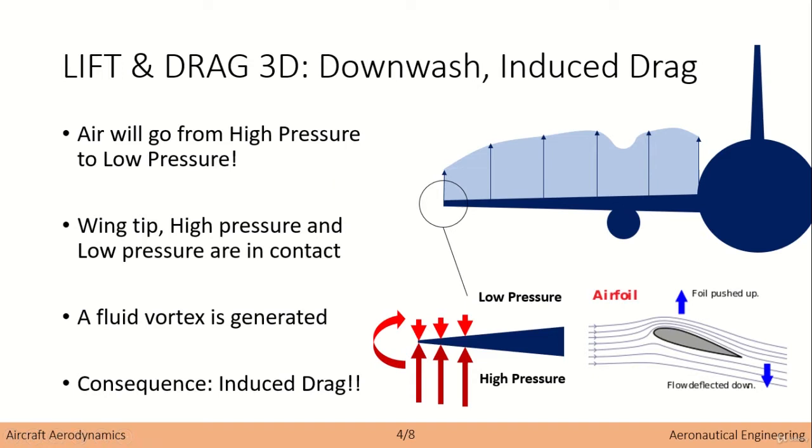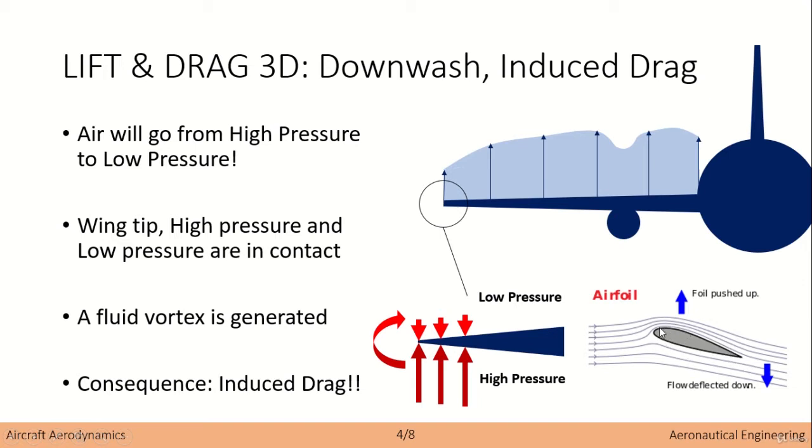So what is downwash? The idea of downwash is that some induced drag may appear, and we have to eliminate it. So let's describe it little by little. Air will go from the point of high pressure to low pressure. As in generic terms, in an airfoil, let's define any length of the wing. What we will have is the flow going up and down with respect to the wing, right?